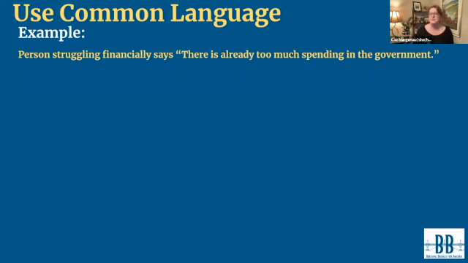And they say to you, there's already too much spending in the government. It's something that a voter is saying to you. Let's say you ask them what's important to them, and they say, oh, there's just too much spending going on in the government.